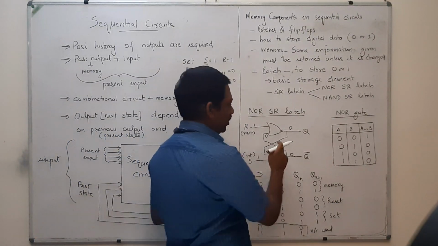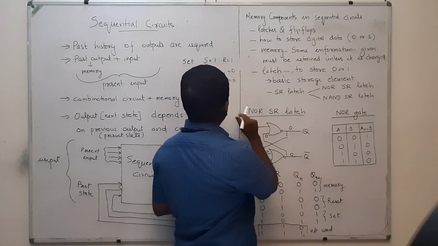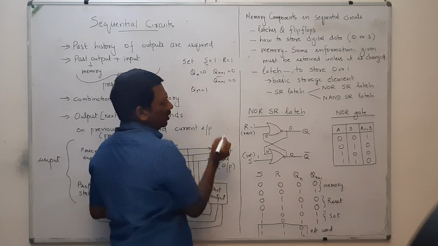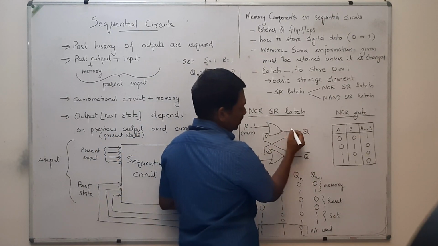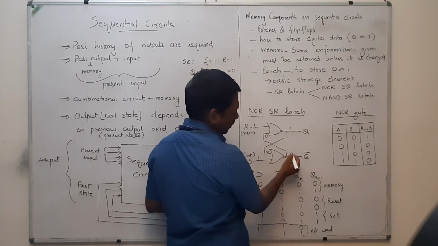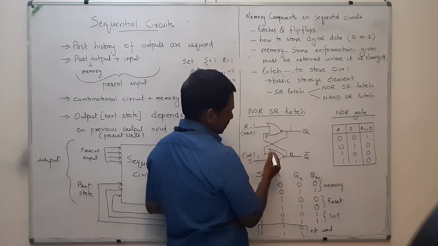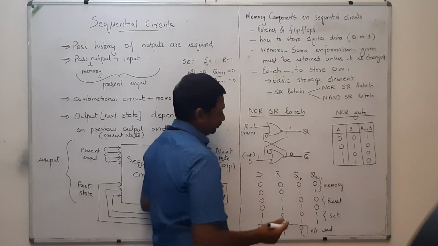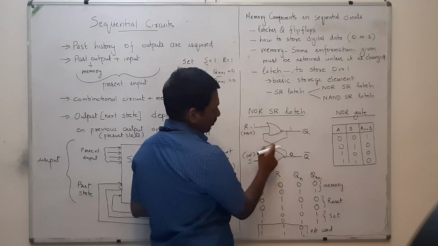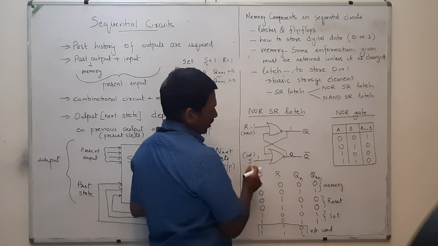Suppose that here this Qn is equal to 1. That means suppose that this is 1 and this is 0. What will happen? Forget about these inputs.